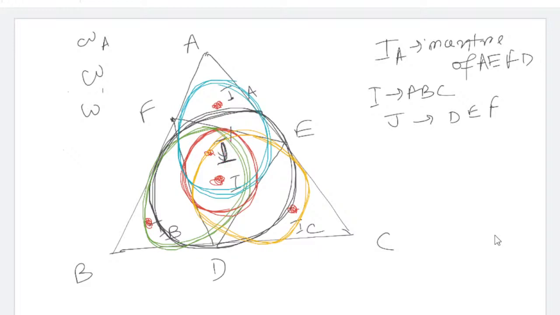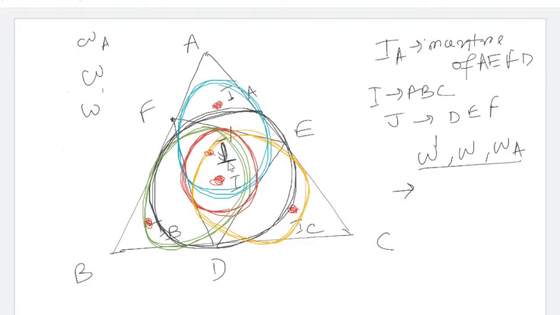If you think about it, what does Monge on omega dash, omega A give? I feel like this must have a lot to do with Monge because it has a lot of tangent circles and circles tangent to lines.